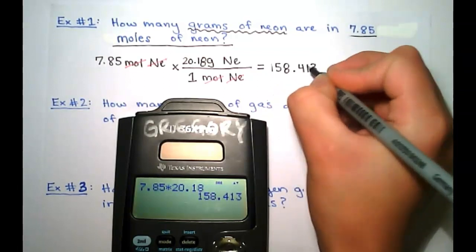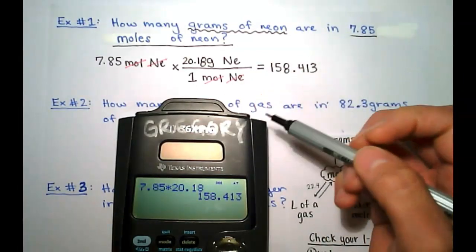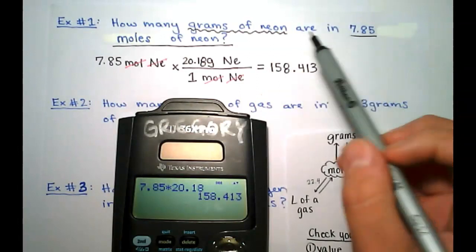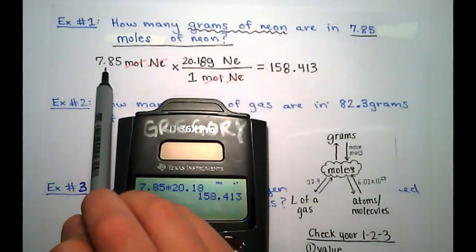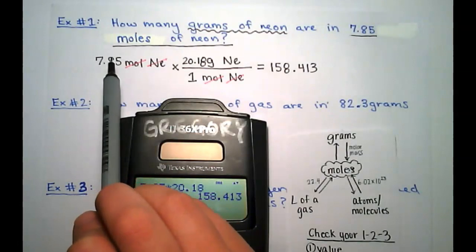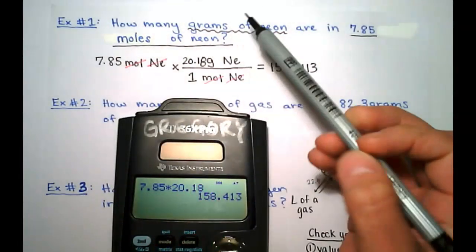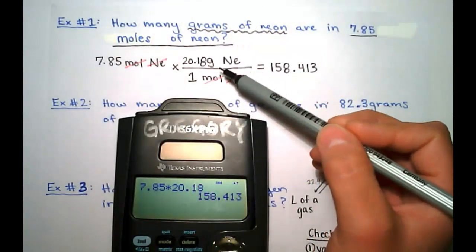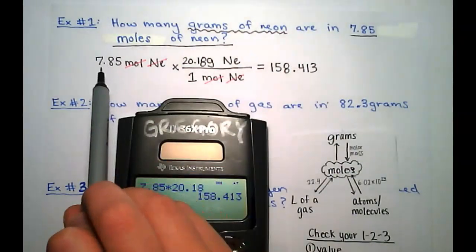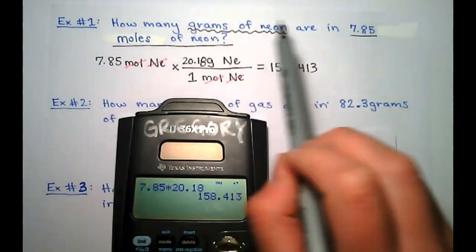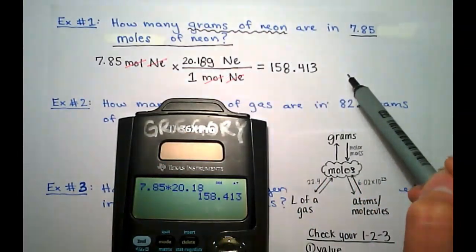158.413. So I do need to pay attention to my significant figures when I do this, and I noticed that my first given value has 3 significant digits, while my second, well actually this is not a given value, this is a molar mass. So my value has 3 significant figures, so my answer also needs to have 3 significant figures.